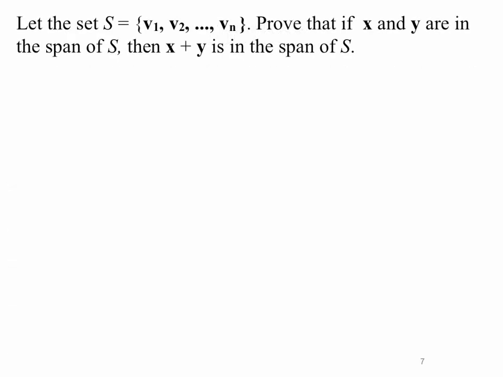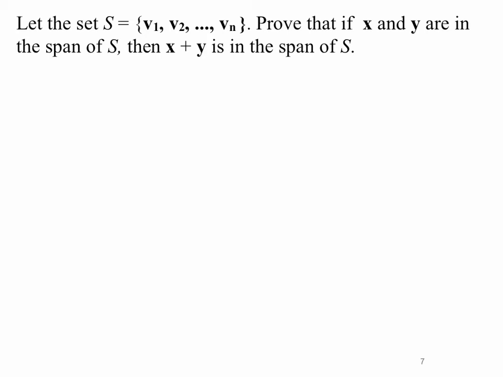So let's look at a statement and see how we might prove it. Let the set S be equal to the vectors v1 to vn. We'd like to prove that if x and y are in the span of S, then x plus y is in the span of S. We just need to recall that being in the span of a set S means that we're a linear combination of the vectors in that set.